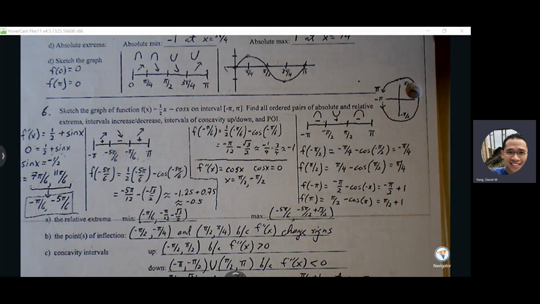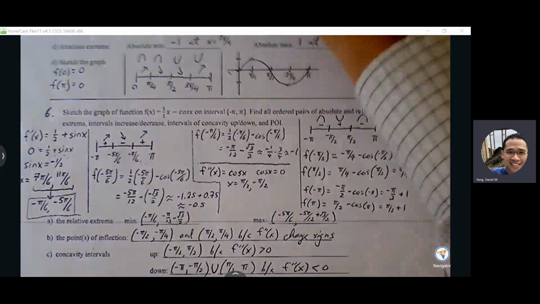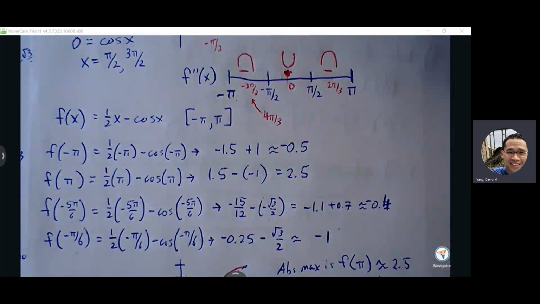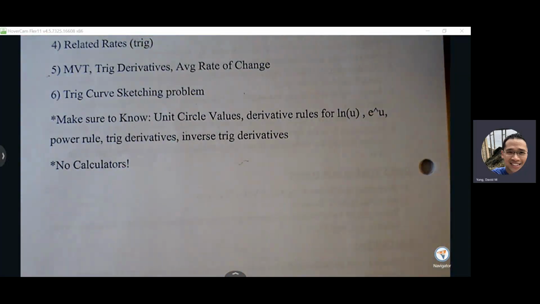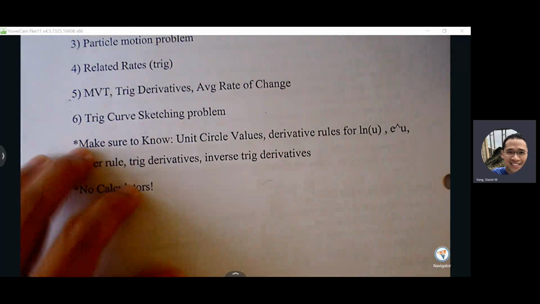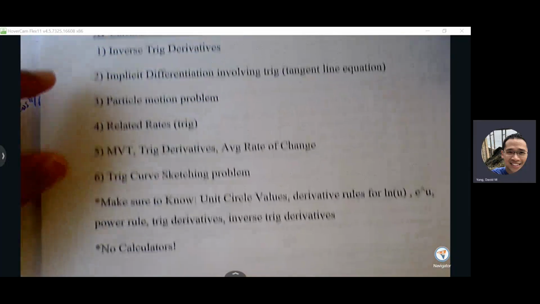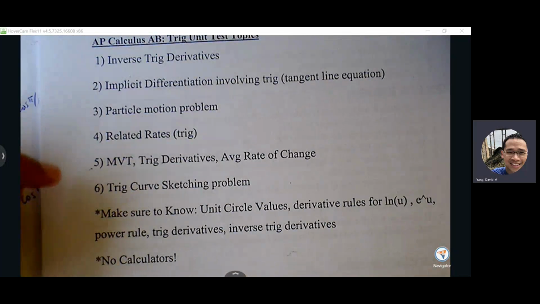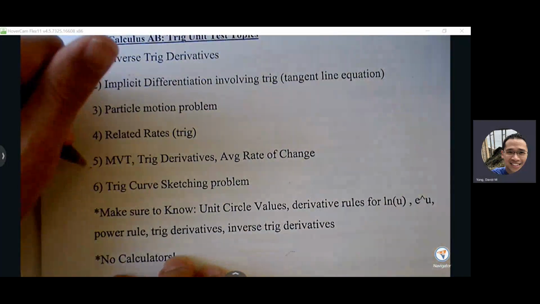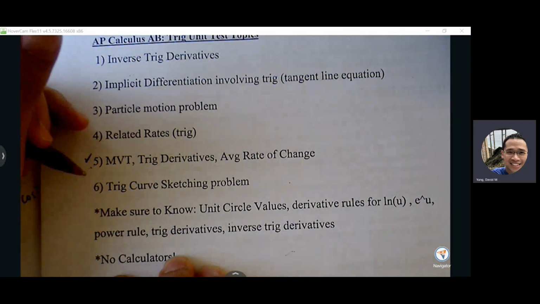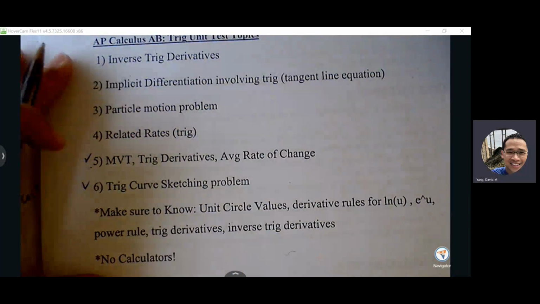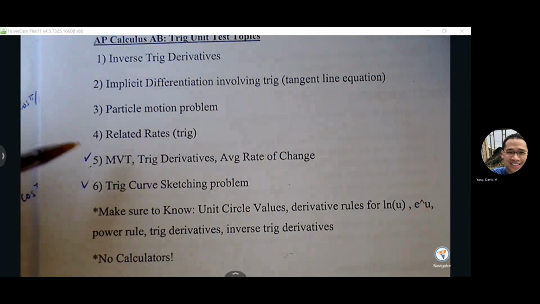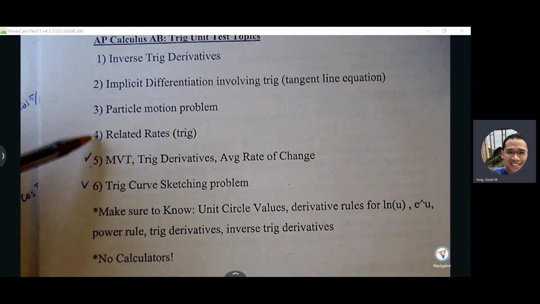Okay, any questions? Yeah, so I wanted to use this help session to tackle what I think students probably need the most practice with, and that's curve sketching. We did mean value theorem on page 2. We did curve sketching. So in class, I have another related rates problem I want us to do together.